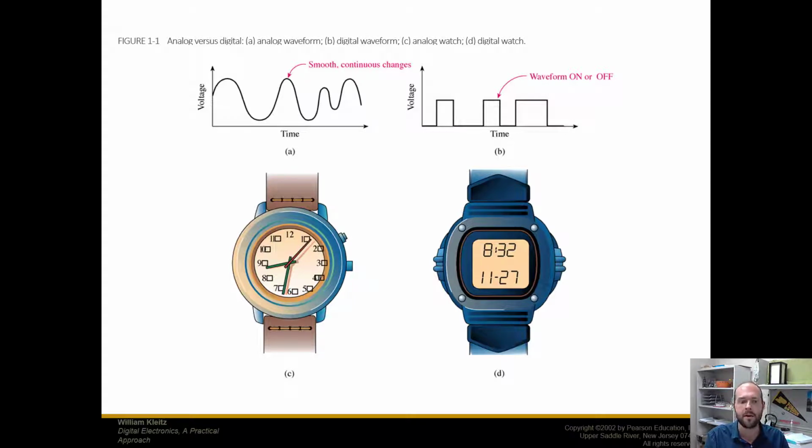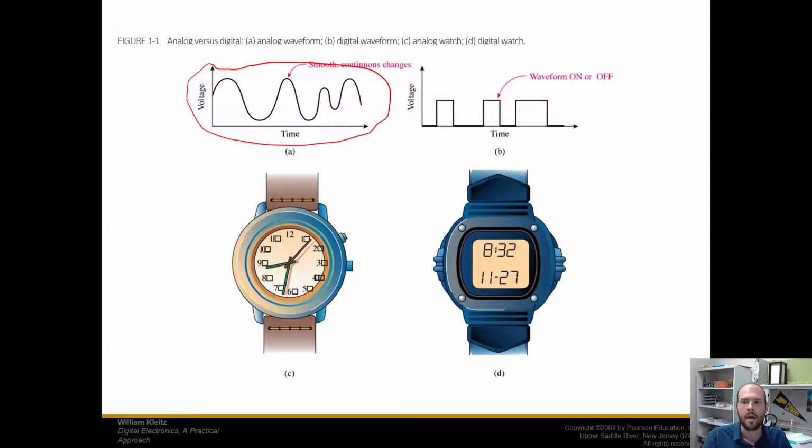So every increment of time has some value of voltage. There are an infinite number of segments you could divide that analog waveform up into, and there are an infinite number of levels represented in this waveform. So smooth, continuous changes are what you see in analog.